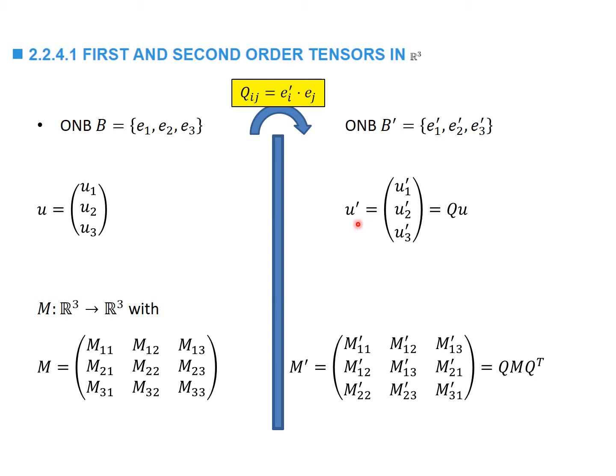In the new basis set, U prime will have new components that are related to the original components using the matrix operation QU. Similarly, as we studied before, the new components of the matrix M prime, M prime sub ij, can be obtained using the matrix operation Q M Q transpose.